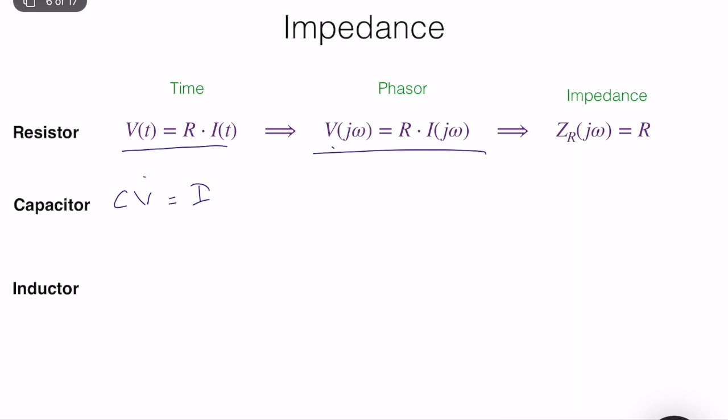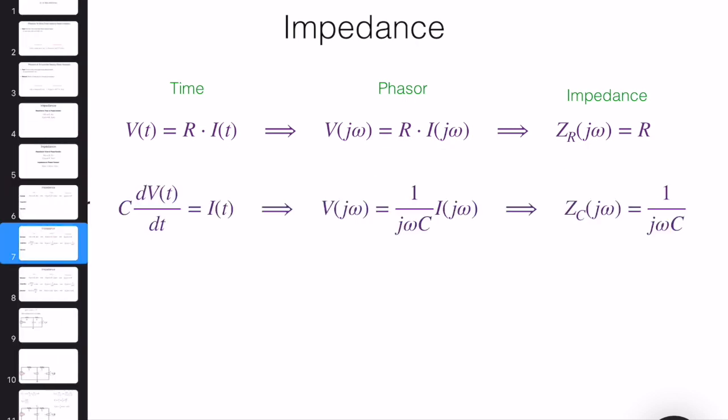We already know that, which gives C times j omega V of j omega equal to I of j omega. So what is the impedance? It is equal to 1 over j omega C. Let's look at the result. This is the impedance of the capacitor in the phasor domain. We will treat impedance as if it is resistance. In resistive circuits, we will do analysis using this value.